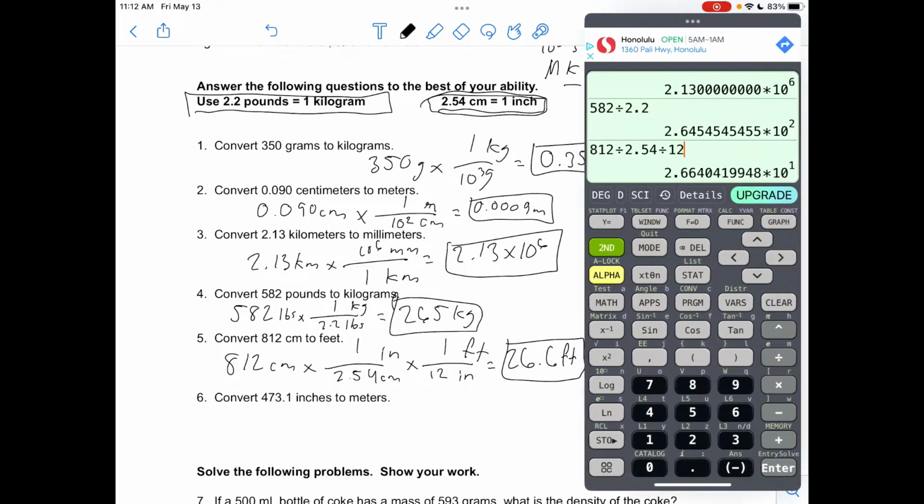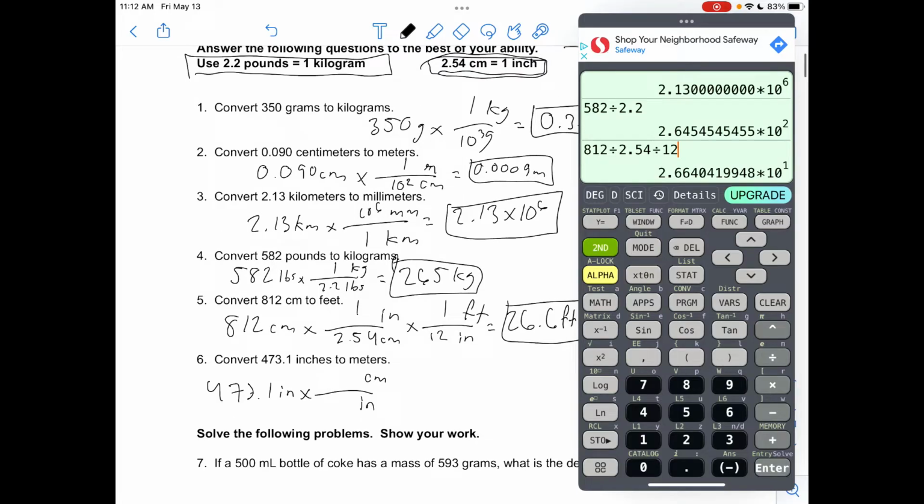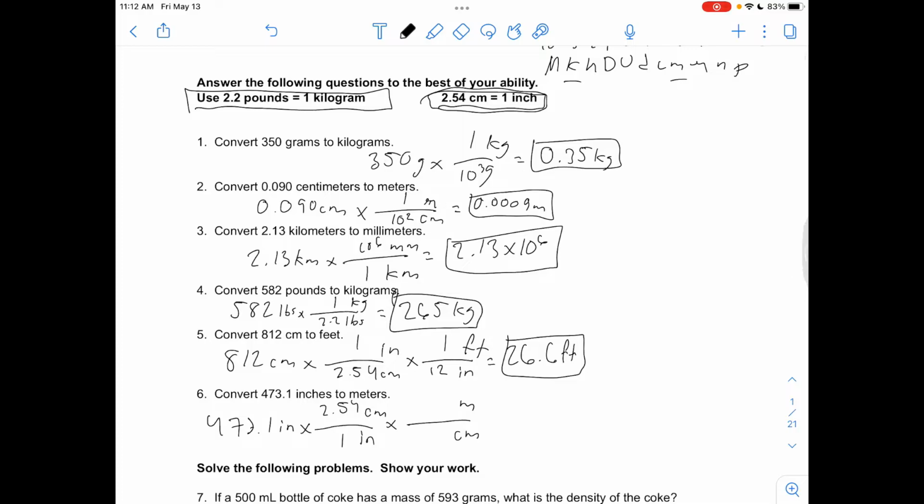All right. Next, 473.1 inches into meters. Again, I can't go directly into meters, I have to go into centimeters. So 2.54 centimeters per 1 inch. And then I need to get it into meters, so I'm going to have to use my Mega King Henry.